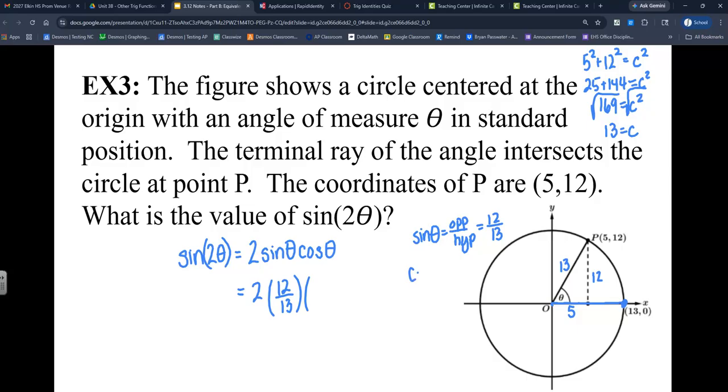What would I get for cosine of theta? That is adjacent over hypotenuse. Adjacent over hypotenuse? 5 over 13.